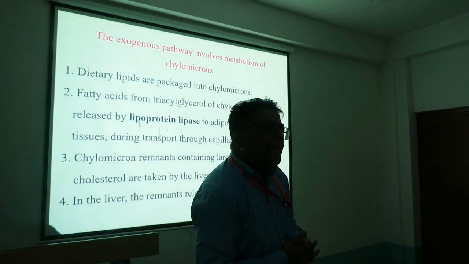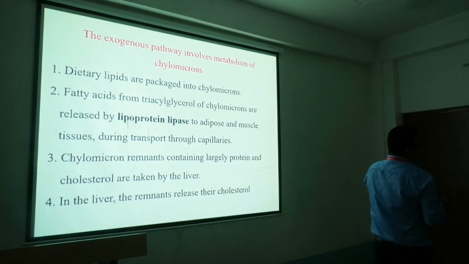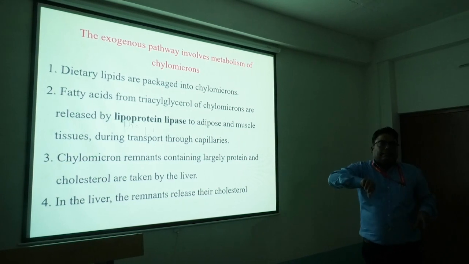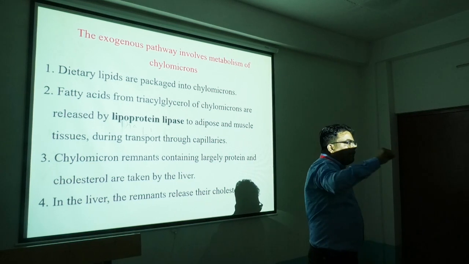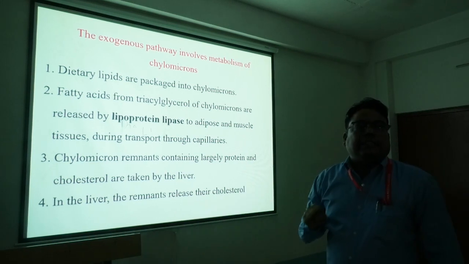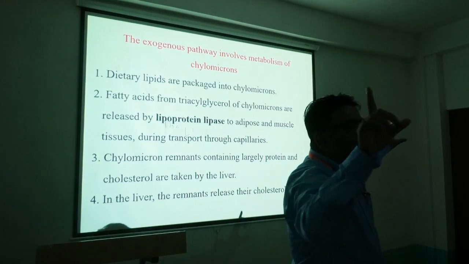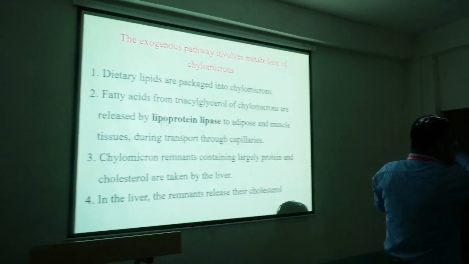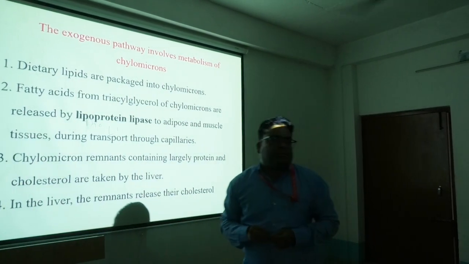When these micelles enter the blood, there is the presence of one enzyme. Which enzyme? Lipoprotein lipase, which is present in the blood capillaries, and these capillaries go to the muscles and other extrahepatic tissues.